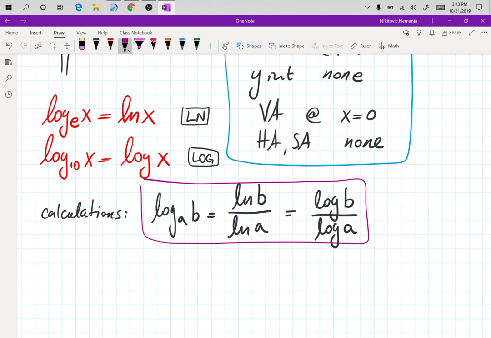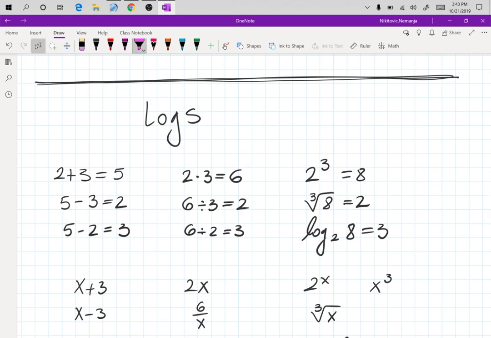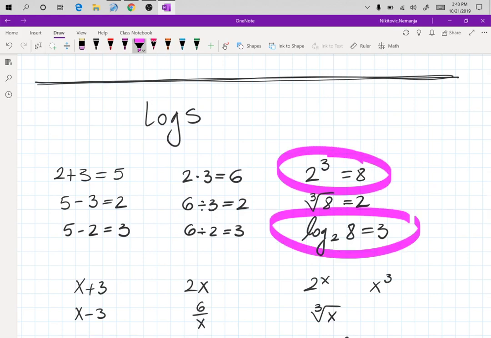All right, so now, what would be the most important connection between exponential and logarithmic functions? And we kind of discovered that here when we talked about retrieving numbers.